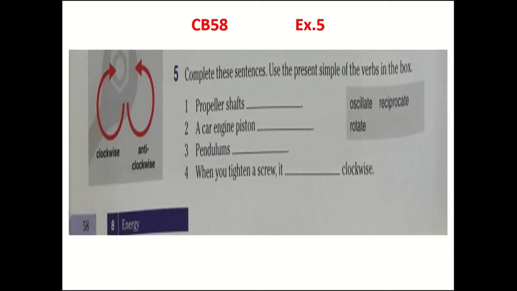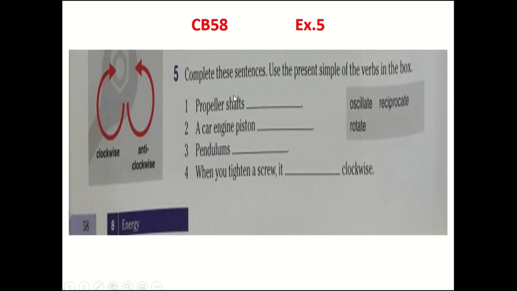In this exercise, you will complete the sentences using the present simple of the verbs in the box. You have the verbs in the box here on your right. We have oscillate, reciprocate, and rotate.